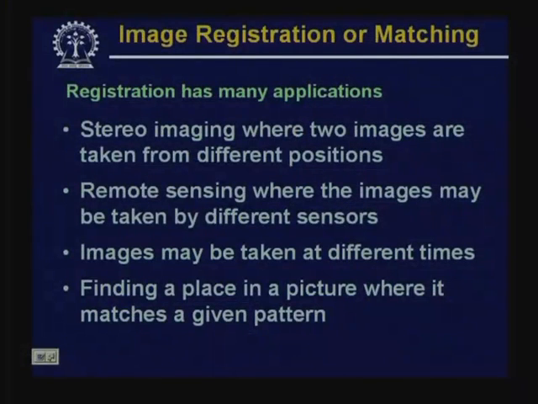So, the information extraction from such fused images becomes much easier. The other application is where the images may be taken at different times. If the images are taken at different times and we can register them, that is, for a particular point in a given image we can find the corresponding point in the other image taken at some other time instant, then by this registration we can find the variation at different point locations in the scene.